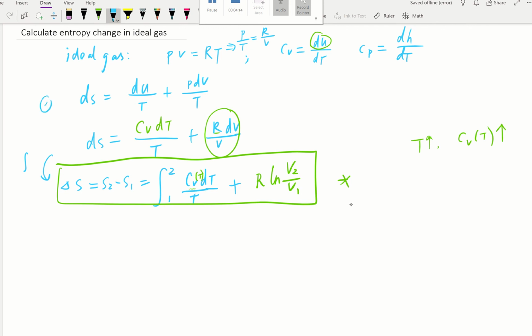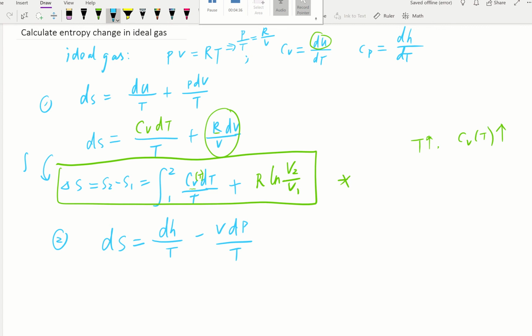This is the first one. Our second one, we have ds is equal to dh over T minus v dP over T. If you need to remind yourself on those two equations, you can go back to the previous video about the TdS relationship.